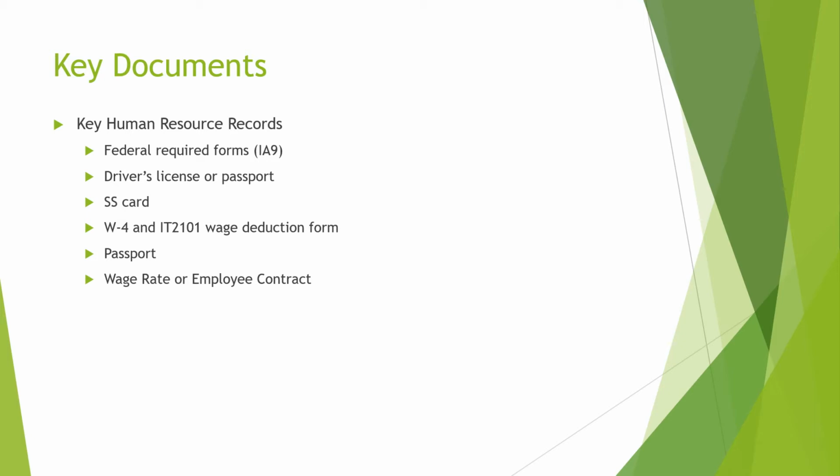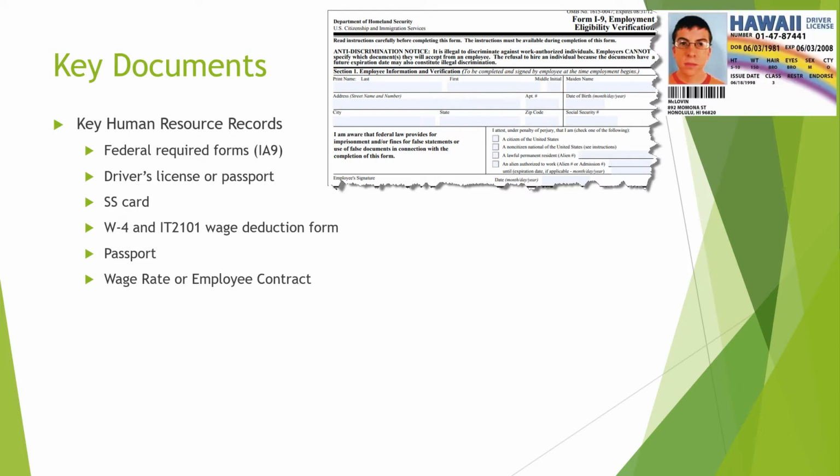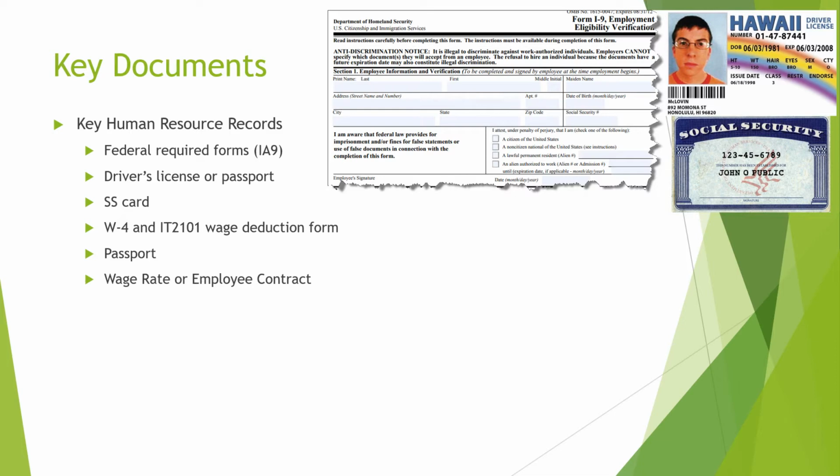You've had the federal I-9 form in the past that would have the verification of that employee as a citizen of the United States. You might have a driver's license here, and we've got McLovin, our new employee from Hawaii. There's a Social Security card that an employee might bring in.